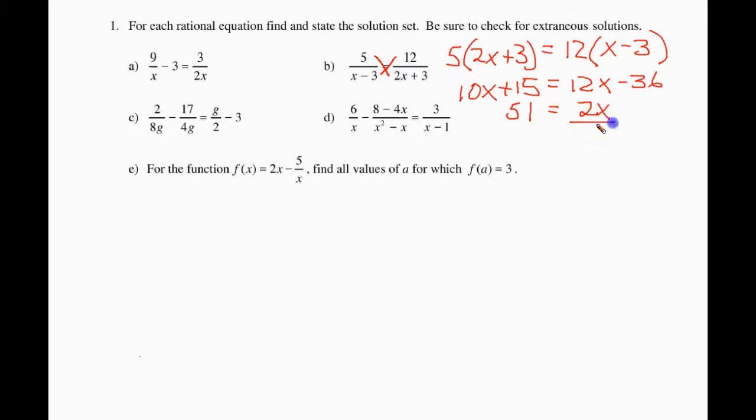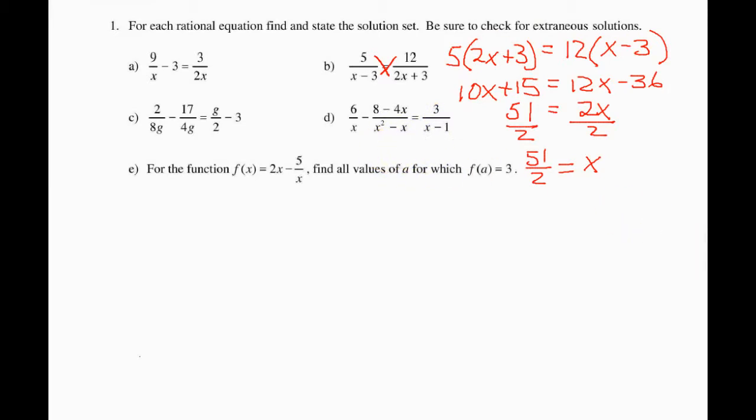And now I divide both sides by 2, and I get x equals 51 halves, which I believe is correct. So again, a technique: whenever there's just a fraction equaling just a fraction, you can cross multiply like so.